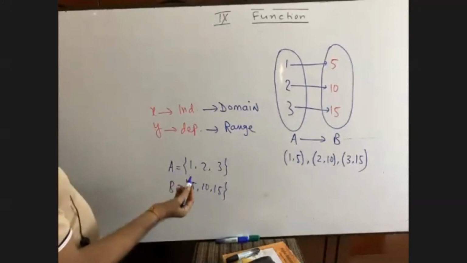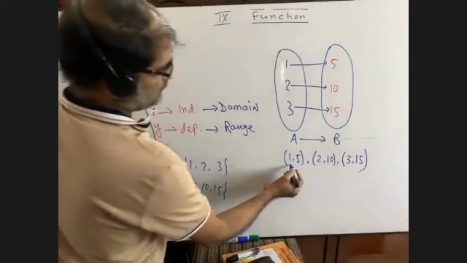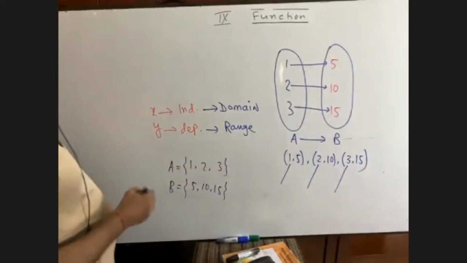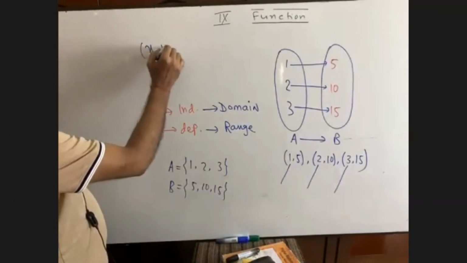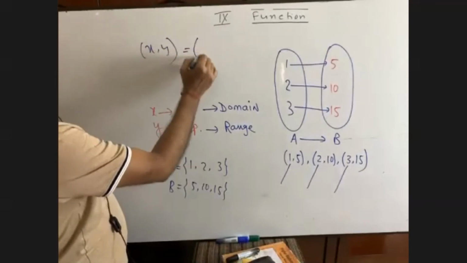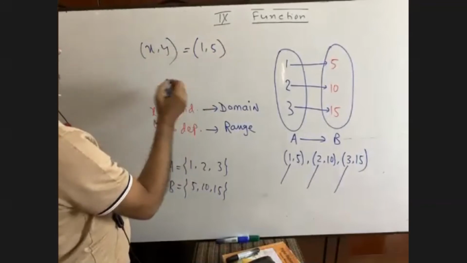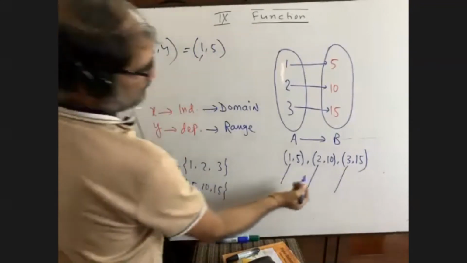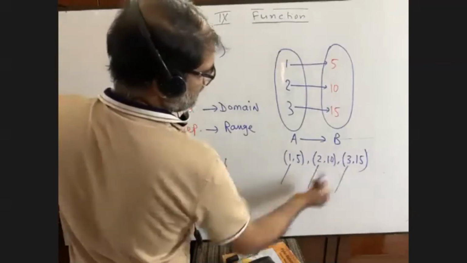So the first elements, 1 to 3, all are x, right? Normally it is, suppose, 1 comma 5. Value of x is 1. Here value of x is 2. Value of x is 3.